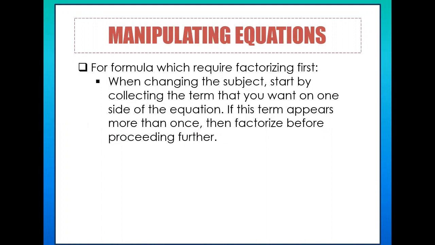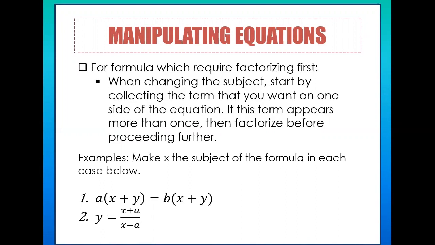So to further intensify this concept, this rule, let's have some examples. Same procedure, we have to make x the subject of the formula. For number 1, we have a(x plus y) equals b(x plus y). For number 2, we have y is equal to (x plus a) over (x minus a).